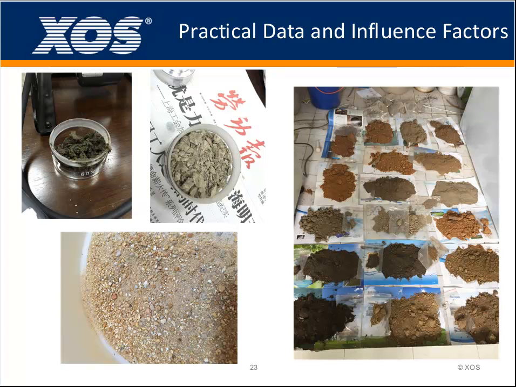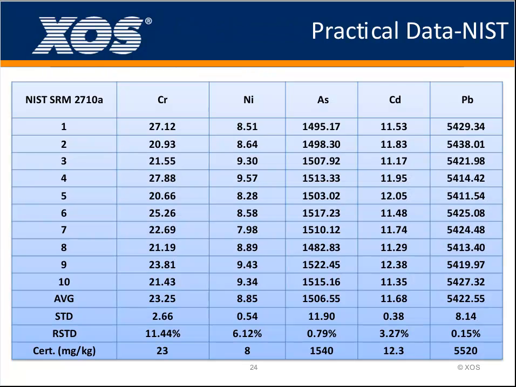And here I will introduce you some practical data and the influence factors. There are different types of soil samples there. And here we can introduce a reference material repeatability test with NIST samples.